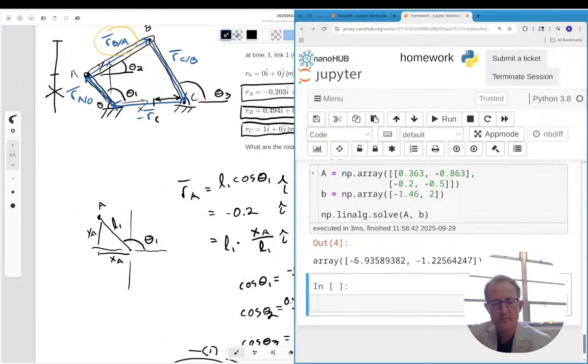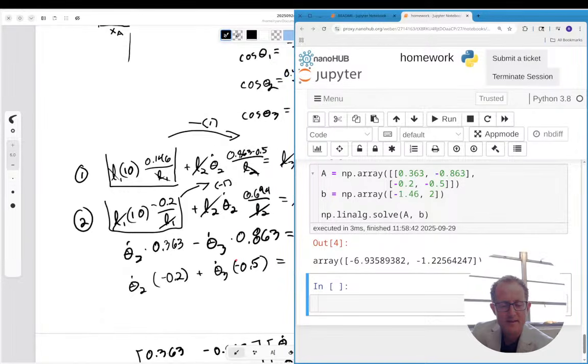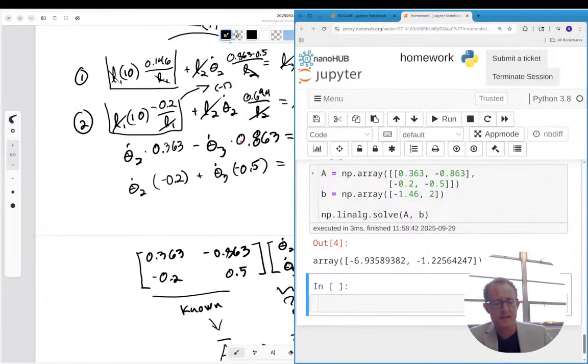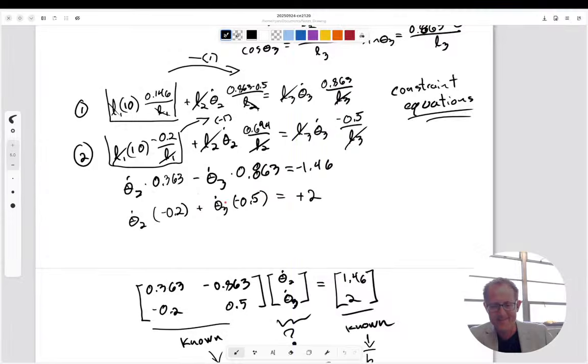Meanwhile, theta 3 is also decreasing. Why is it decreasing? Something's weird with my signs.